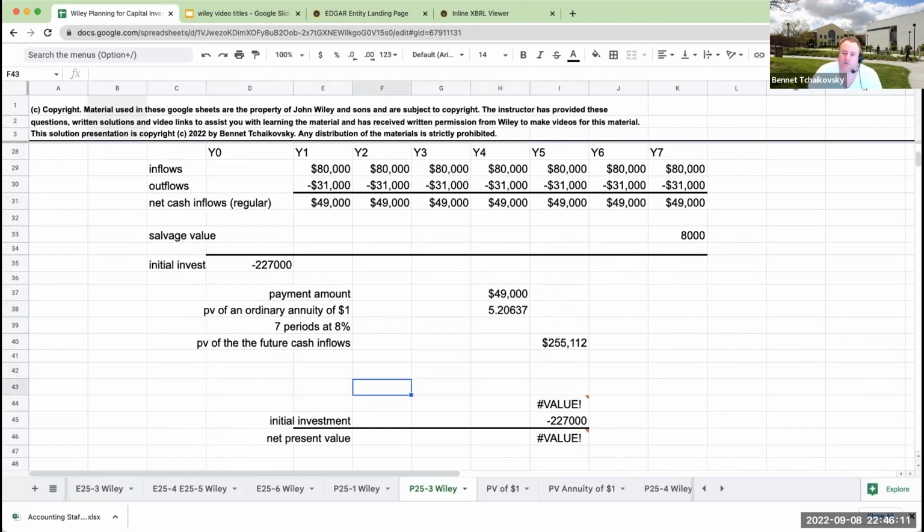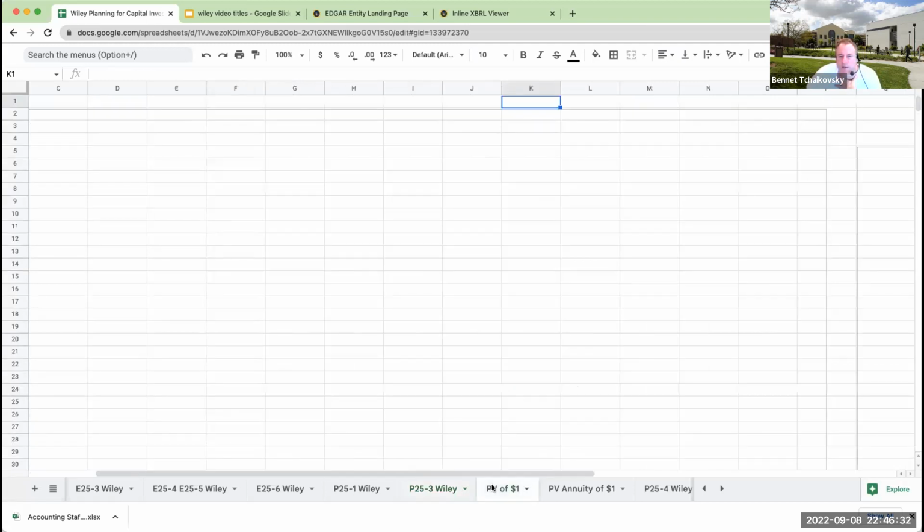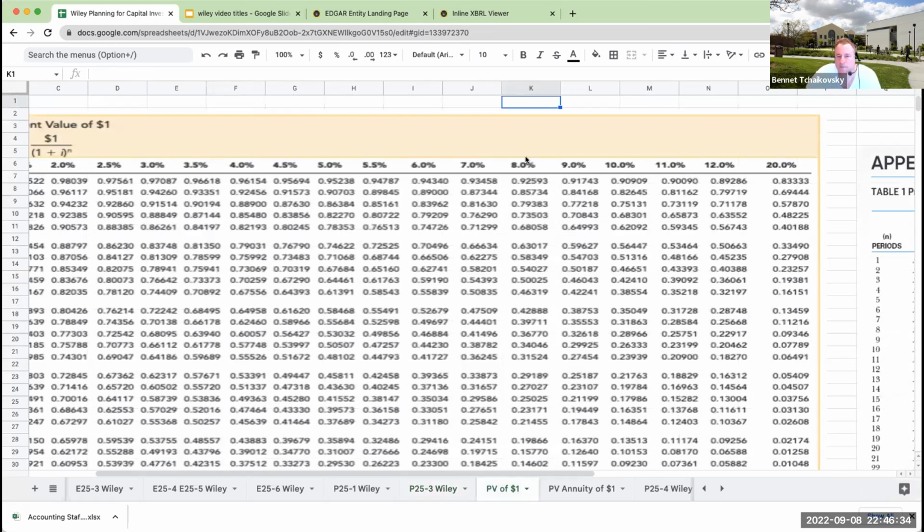Now for my salvage value, this is going to be worth 8,000. For this one, I'm going to use present value of $1 because it's a one-time payment. This is going to be 7 periods at 8%. So I go to the present value of $1, and this is going to be 0.58349.